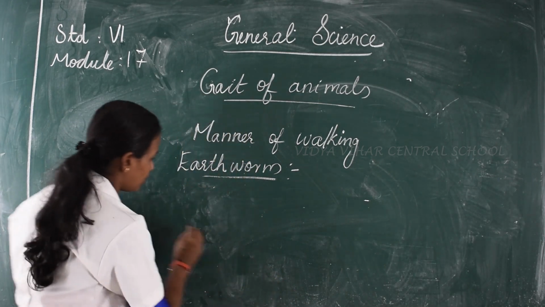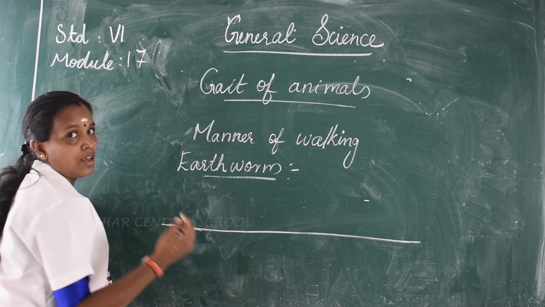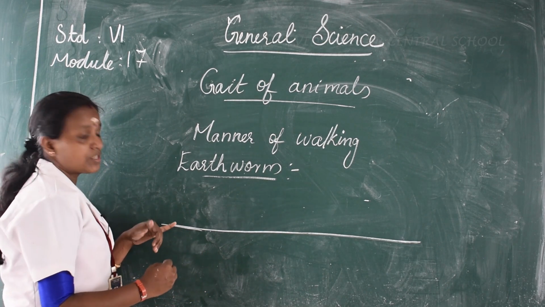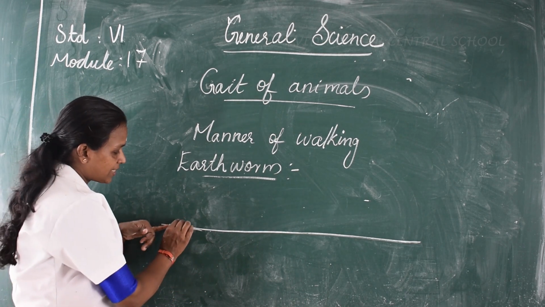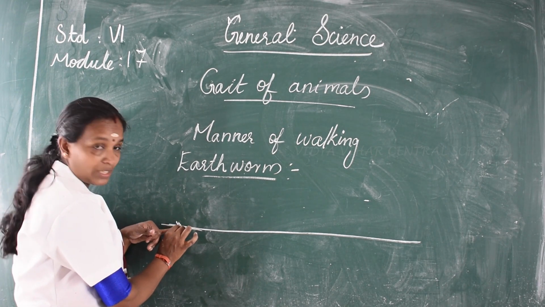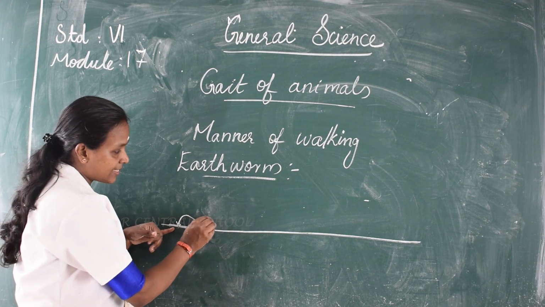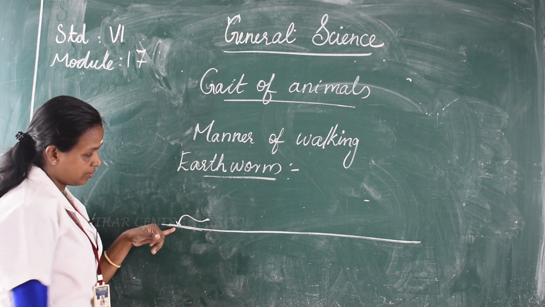Suppose this is the ground, the soil. When the earthworm starts to move, it keeps its back position fixed to the ground and relaxes the front portion.